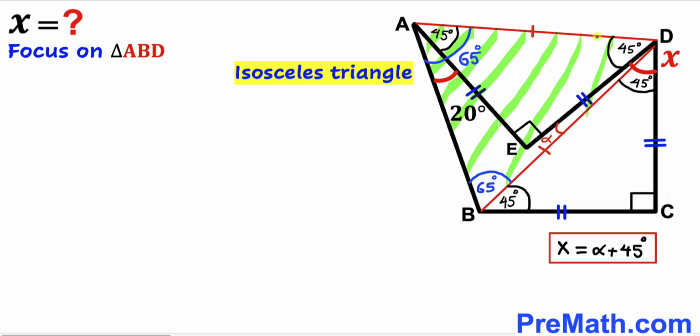And now let's focus on this third angle in this triangle ABD, this angle ADB. This is going to be equal to this tiny angle alpha plus 45 degrees.